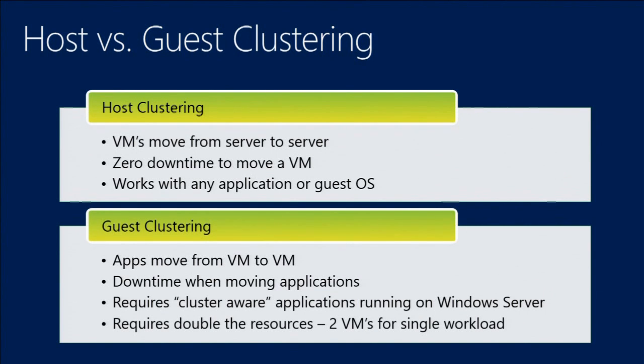But guest clustering requires your application to be cluster aware. And since you need at least 2 VMs to form a guest cluster, you're increasing the resources that you require: you require 2 nodes for each application at the minimum that you want to protect.